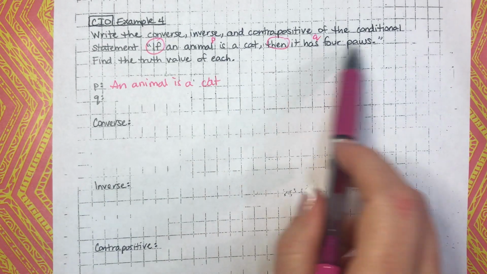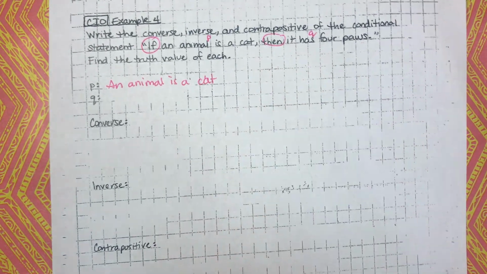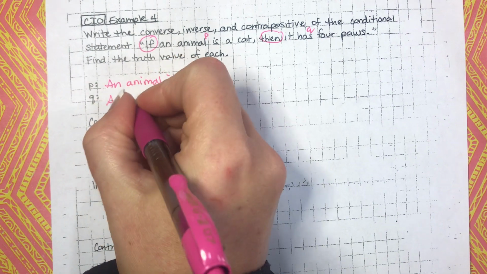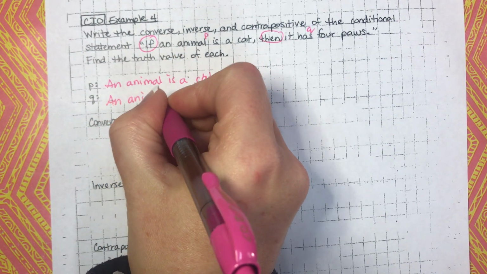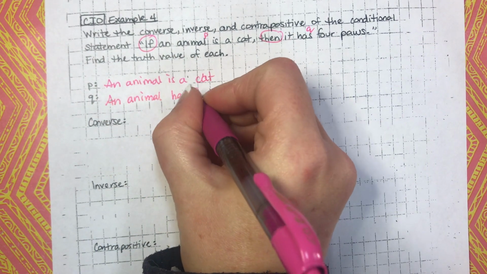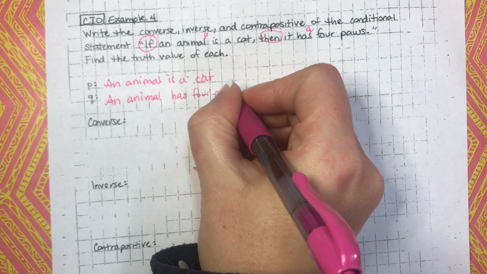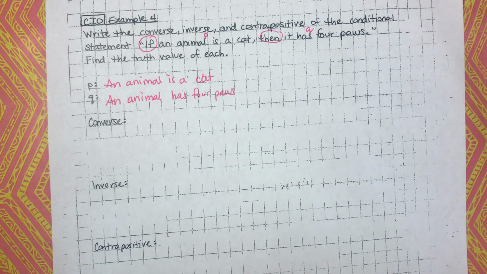Then it has 4 paws, and that would be an animal has 4 paws.